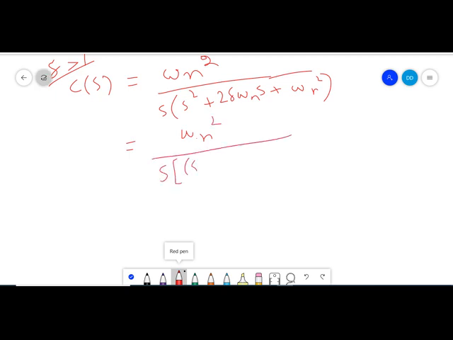So we can rewrite this as omega n square divided by S into S plus delta omega n the whole square minus omega n square into delta square minus 1.